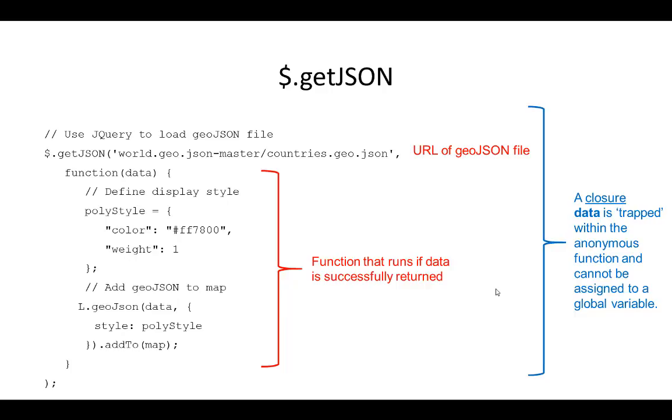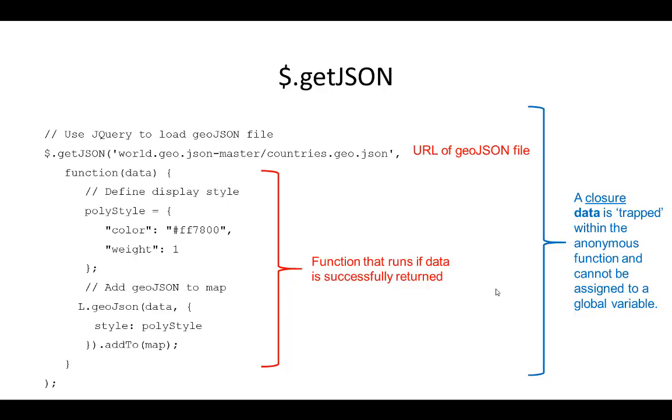This will read the GeoJSON data that we have. It uses a style parameter to display it on the map using the polystyle defined here, and then we add those GeoJSON features to the map. So this is a function that runs if the data is successfully returned.